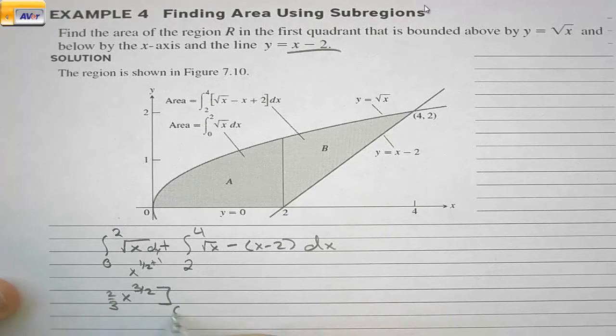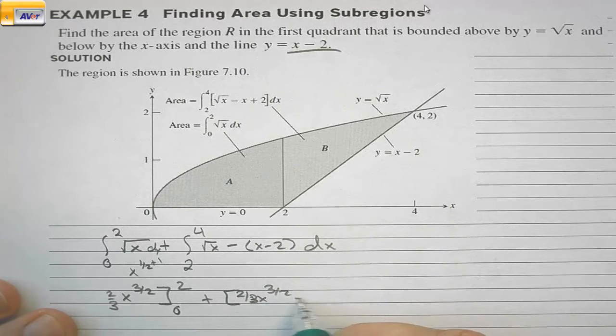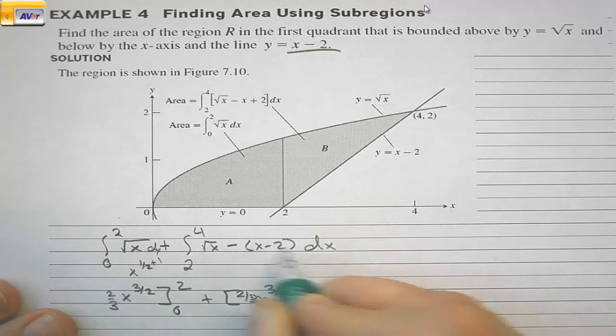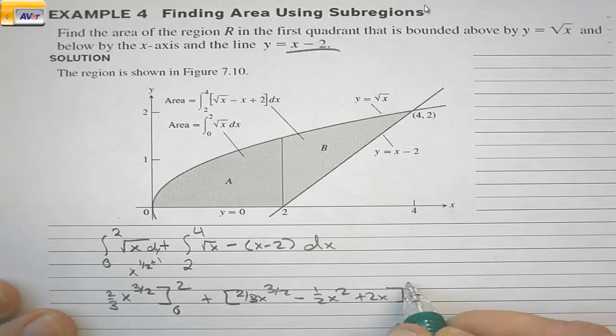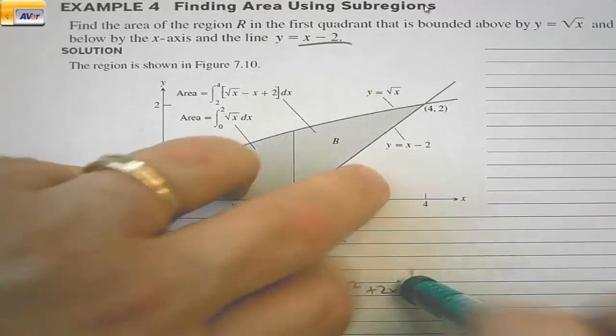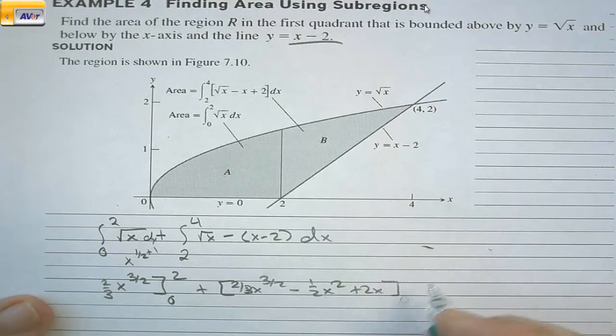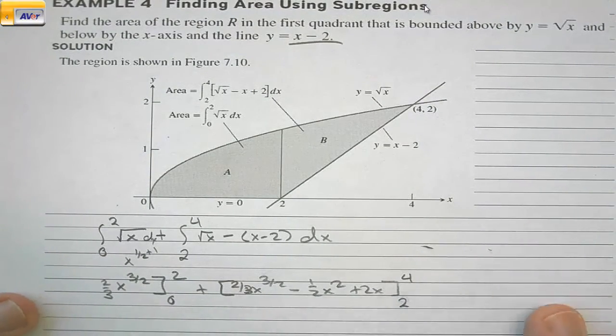We're evaluating that from 0 to 2, and then plus, we have the same thing again, which is 2/3 x to the 3/2, and then minus 1/2 x squared, and then plus 2x. We're evaluating that from 2 to 4.